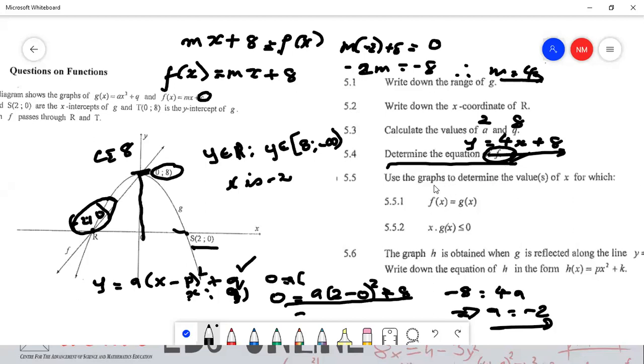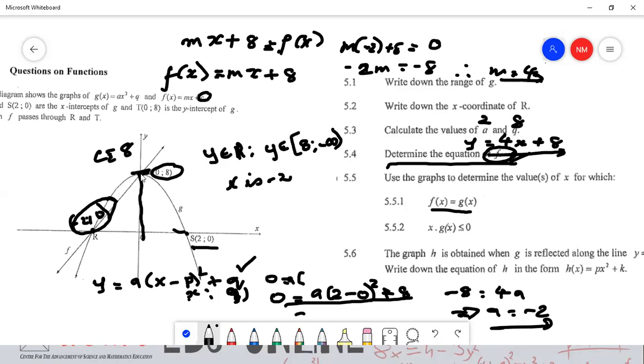Now they also say here, use the graphs to determine the values of x for which f of x is equal to g of x. With this one we can equate the two graphs. So where are these two graphs equal?